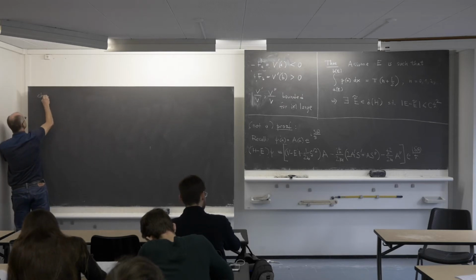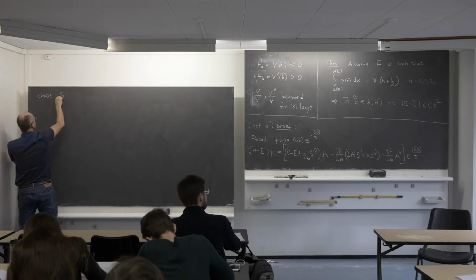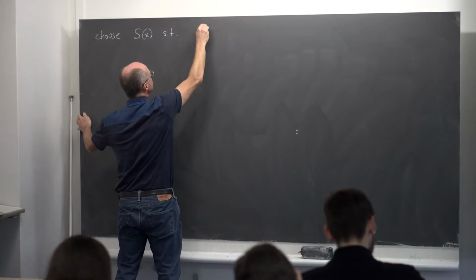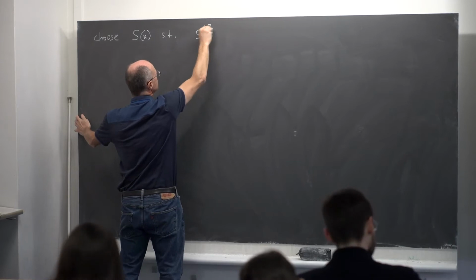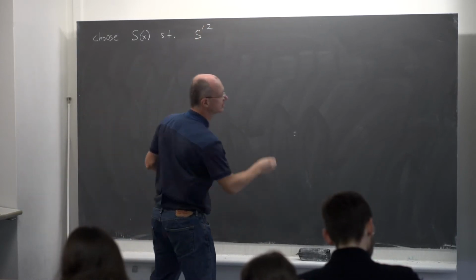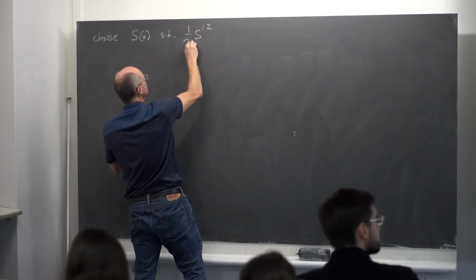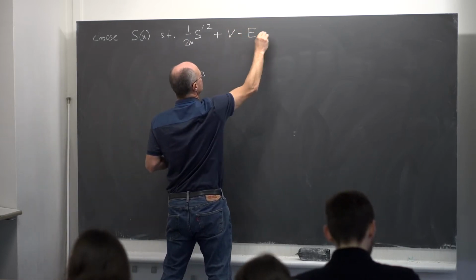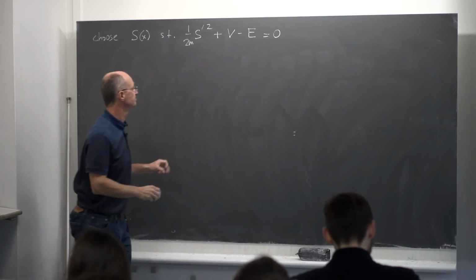So choose s such that s prime squared over 2m plus v minus e vanishes.